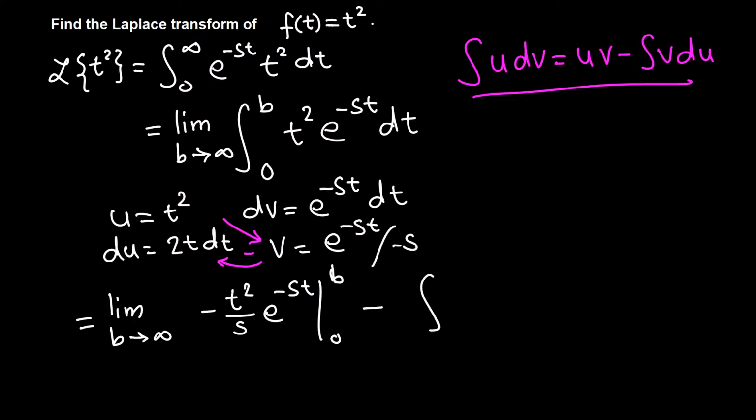So it's negative s on the bottom, 2, so negative is positive, 2 over s outside, and that leaves t times e to the negative st dt. So we need to work on this integration one more time, and we still have a product, so another integration by parts. In the meantime, we can evaluate this at the upper limit minus lower limit.